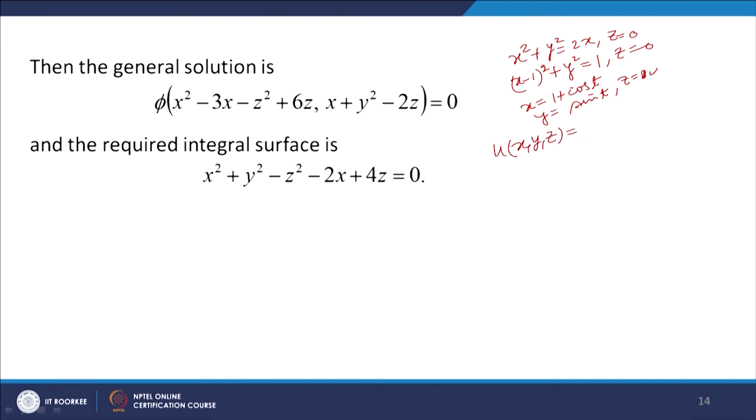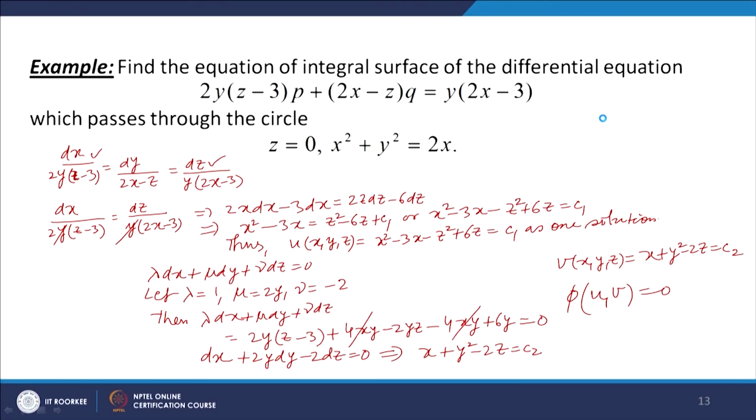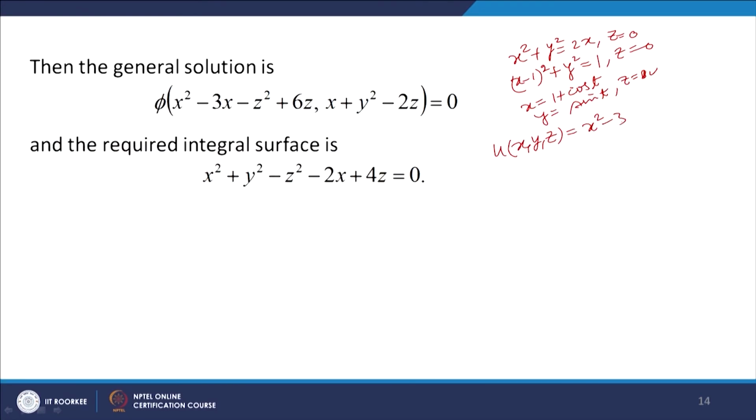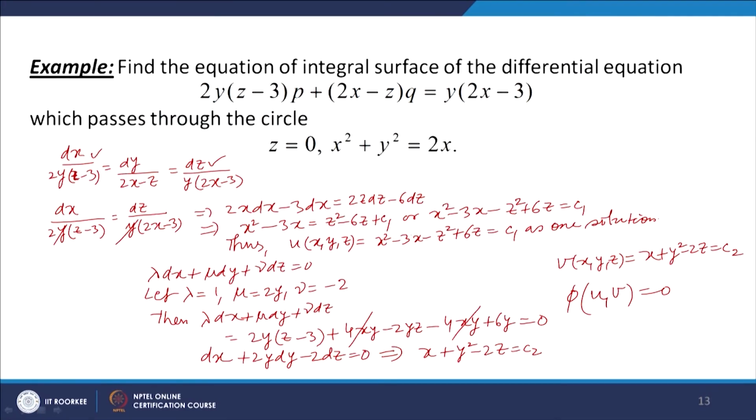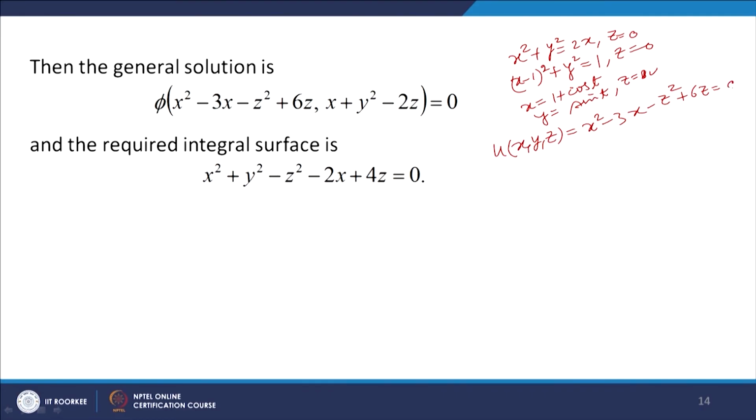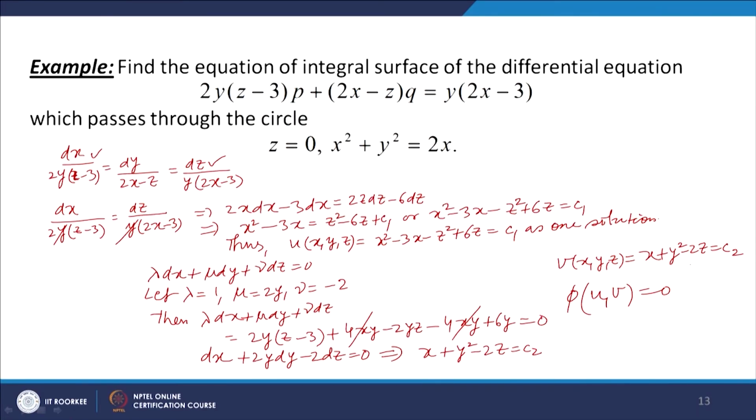Now, we have two solutions: u(x, y, z), which we had written as x square minus 3x minus z square plus 6z equal to C1, and v(x, y, z) equal to x plus y square minus 2z equal to C2.